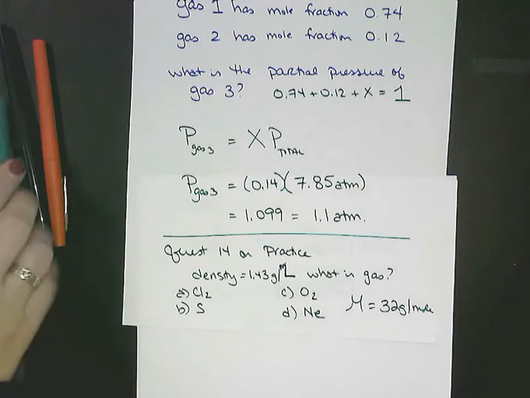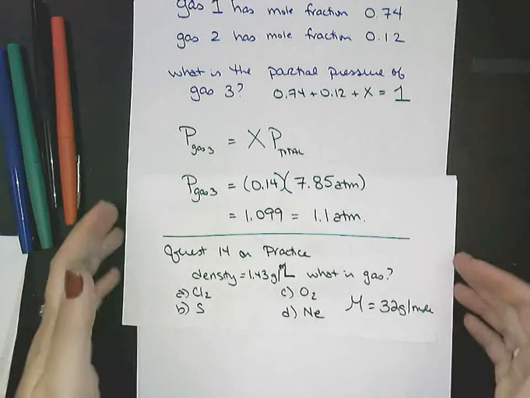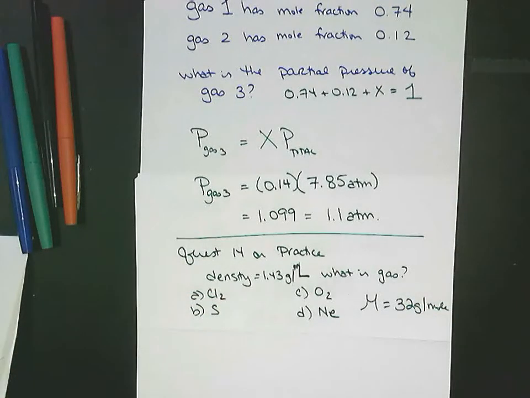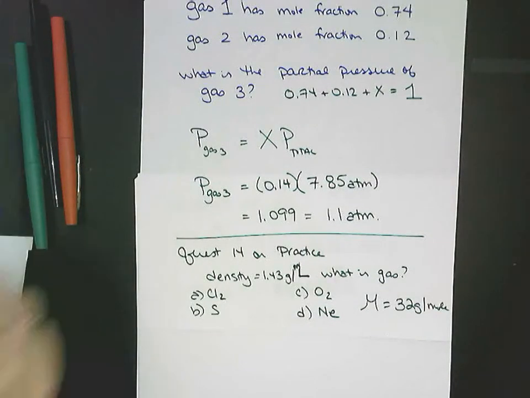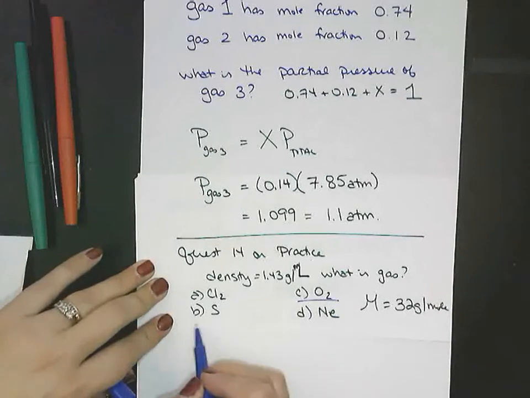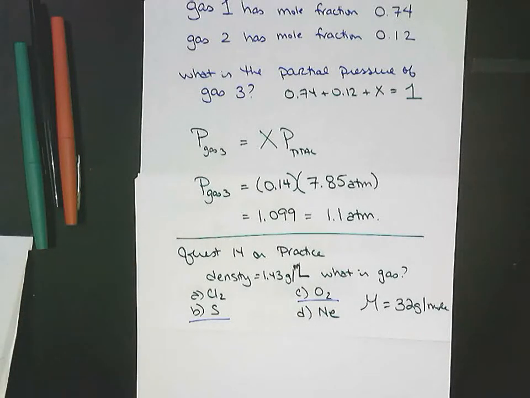So if I have grams per mole, and those are my three options, what are the two that are good options? Right, this is a good option in terms of mass, because those are the only two things that have that mass. And then this goes back to, sulfur comes as a group of 8.